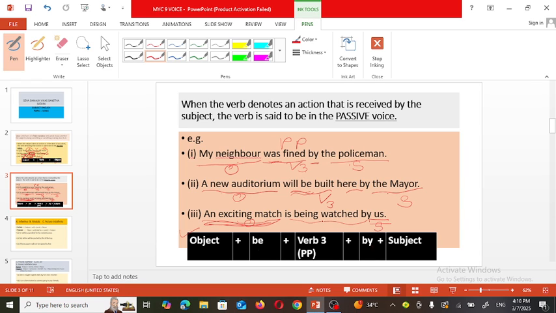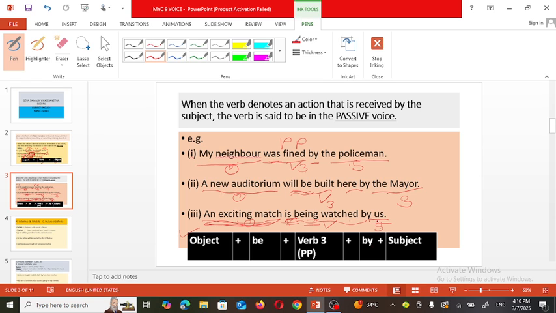So object plus verb plus subject. With this verb, the to be form is used, as the sentence was in present continuous tense. Is is used as the match is singular, and being is used to carry the ing along with the verb. So now the sentence is in the passive voice. An exciting match is being watched by us.